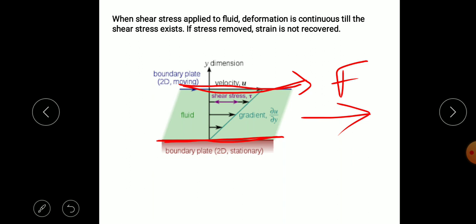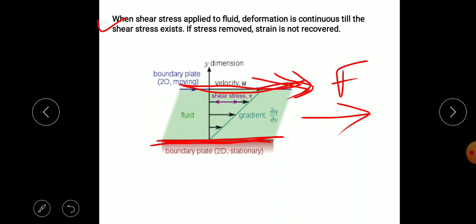Even a very small amount of force makes the fluid start flowing, because shear stresses are developed. The upper fluid moves with the same velocity as the plate, and at the bottom plate the fluid is stationary.